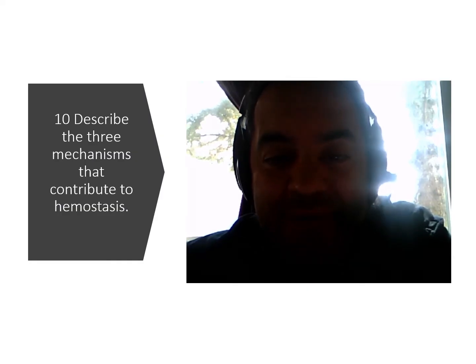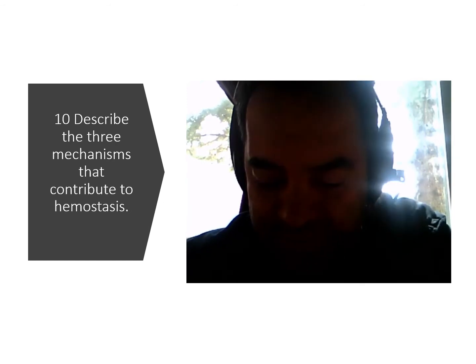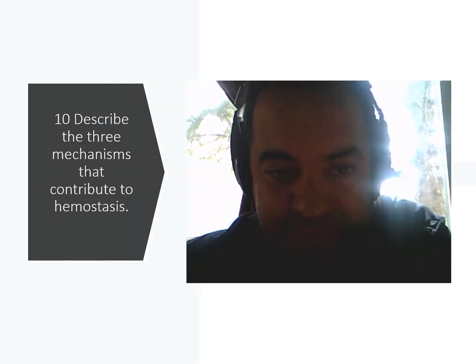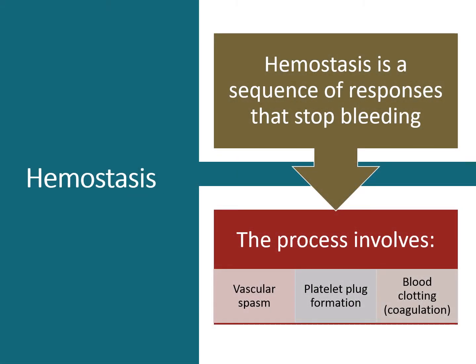Describe three mechanisms that contribute to hemostasis. Vascular spasm is only going to happen in an artery or a vein that has smooth muscle along its wall. And the initiation of that can be due to platelets, due to trauma. And then the platelet plug formation, that's another topic. The platelets stick together.